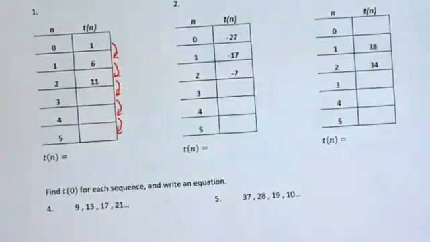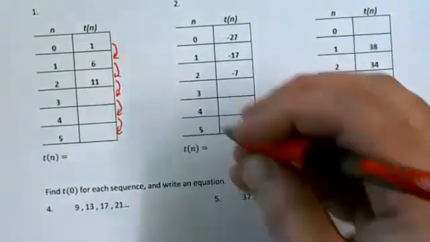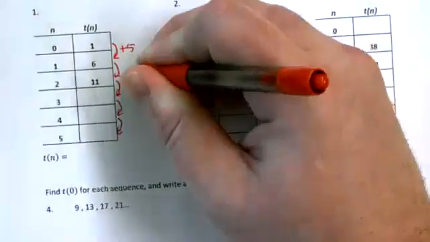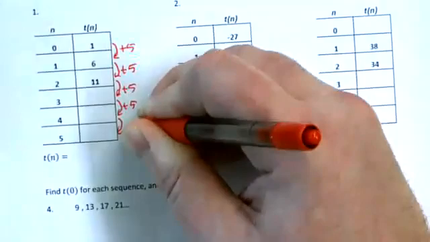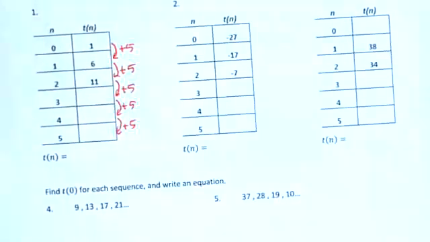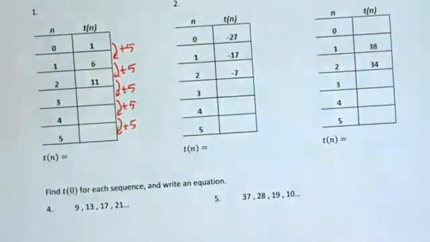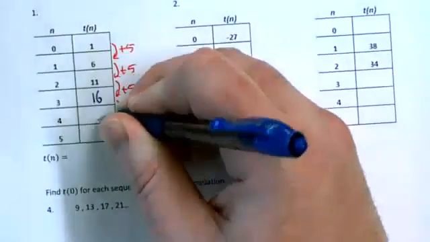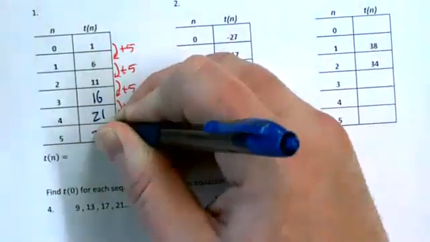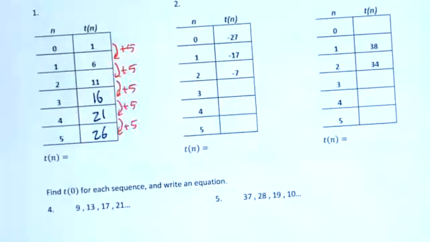Plus or minus? Plus how much? 5? All right, plus 5. That seems to be consistent here. So we'll use that to fill out the rest of our table. Counting up by 5s, 11 plus 5 is 16, plus 5 is 21, plus 5 is 26.